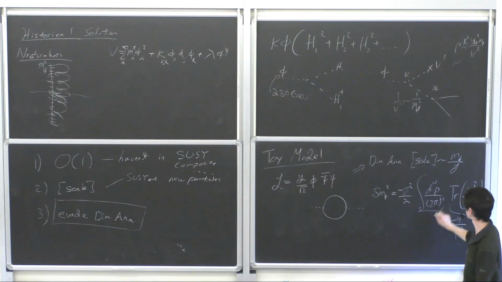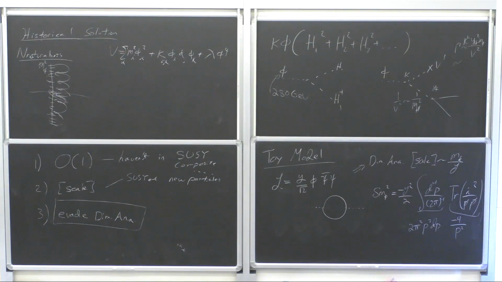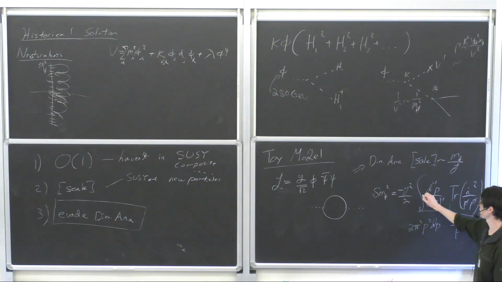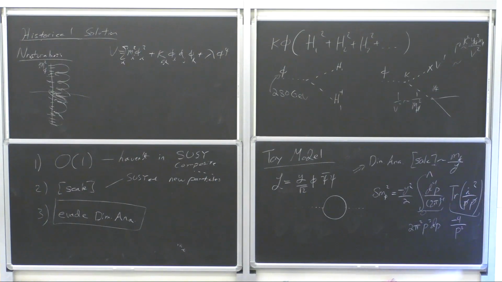What is the phase space? 2 pi squared p cubed dp. And what we're going to do is just say, screw it. I'm going to evaluate this integral with a hard UV cutoff from 0 to lambda in Euclidean space.